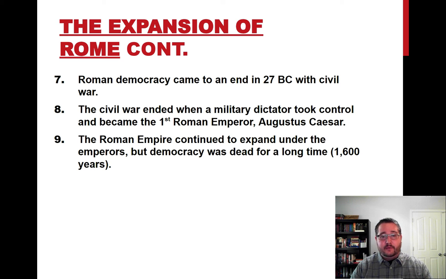He elevates himself to the level of a god as a Roman emperor, which really rubbed a lot of people the wrong way, but he ended up consolidating and controlling the empire. The Roman Empire continued to expand under the emperors, but democracy was dead for a long time, for 1600 years, until closer to the modern period.